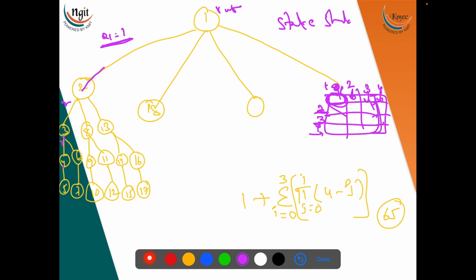Obviously, this way of putting the solution into your n by n chessboard will not give a proper solution, because I told you it should not be in the same row, same column, or same diagonal. So it is one of the candidates, but it is not the solution.